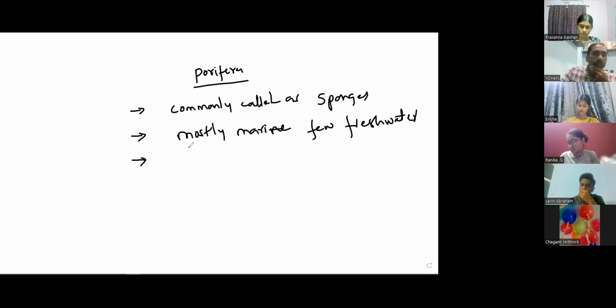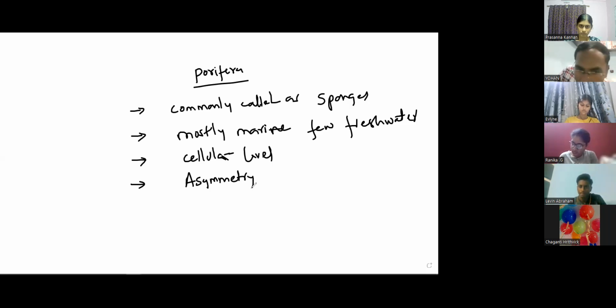Then next, levels of organization. Cellular level. Then symmetry. Asymmetry. They don't have any body cavity or coelom, so they are acoelomates.